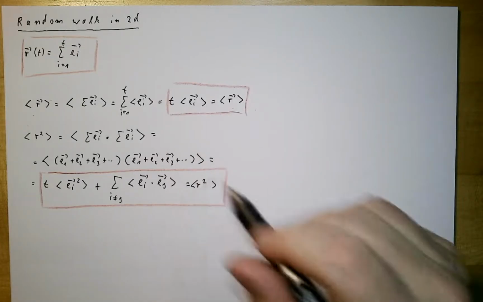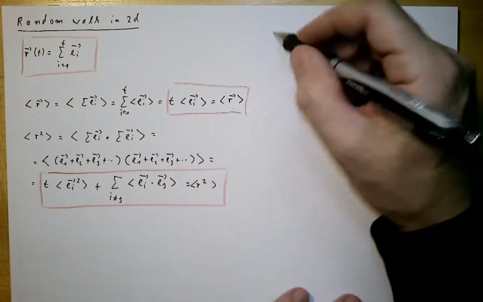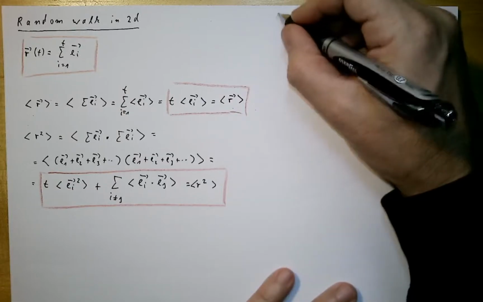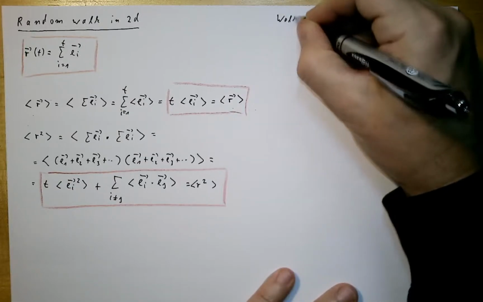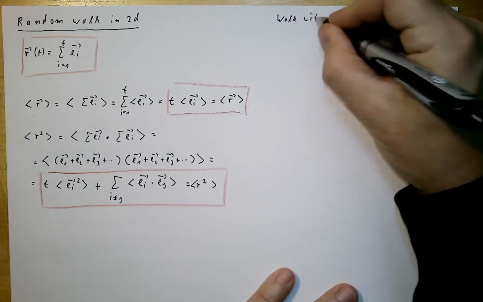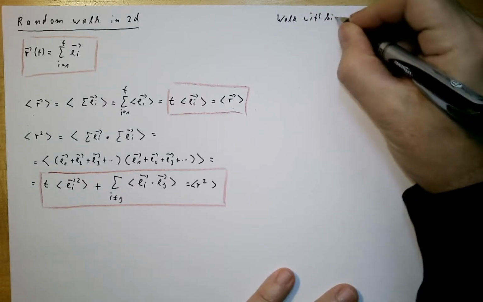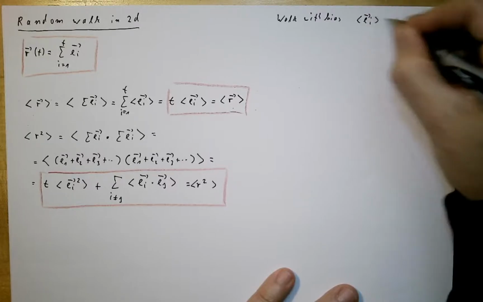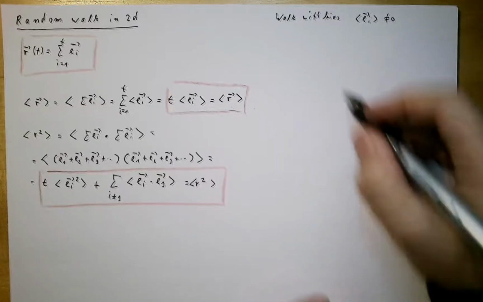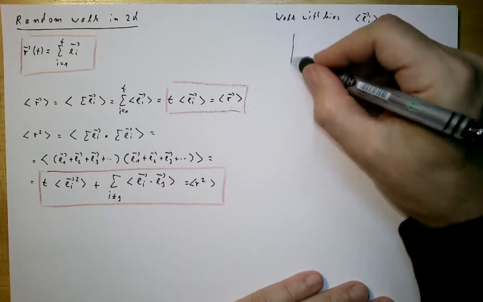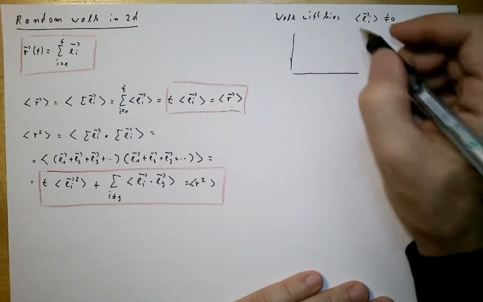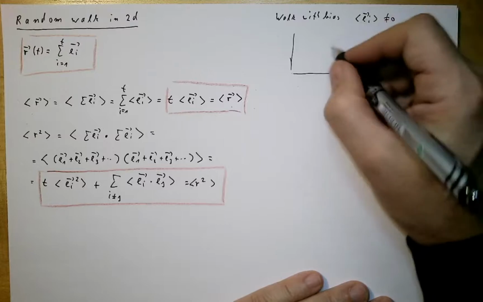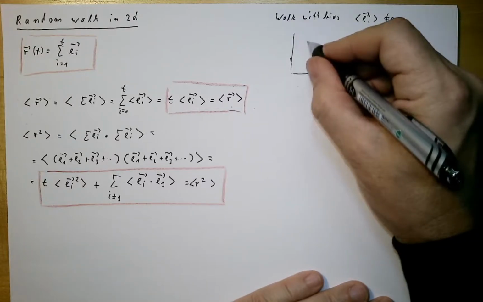So if we have a walk with a bias, for example, if this is not 0, then we have to know what this vector is.